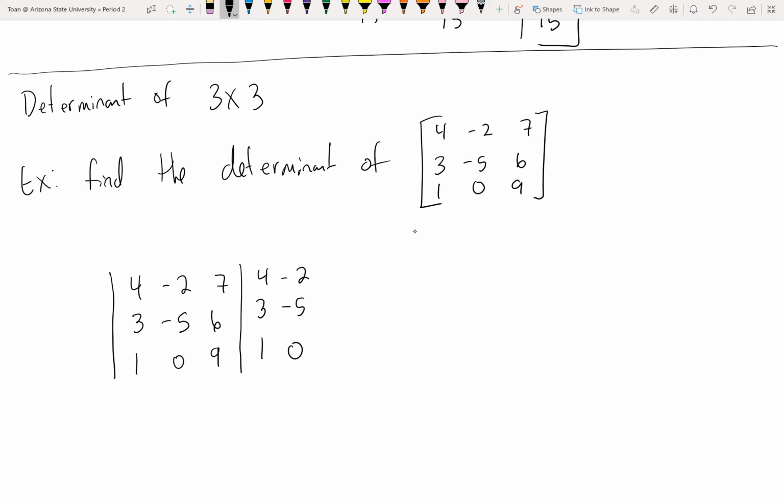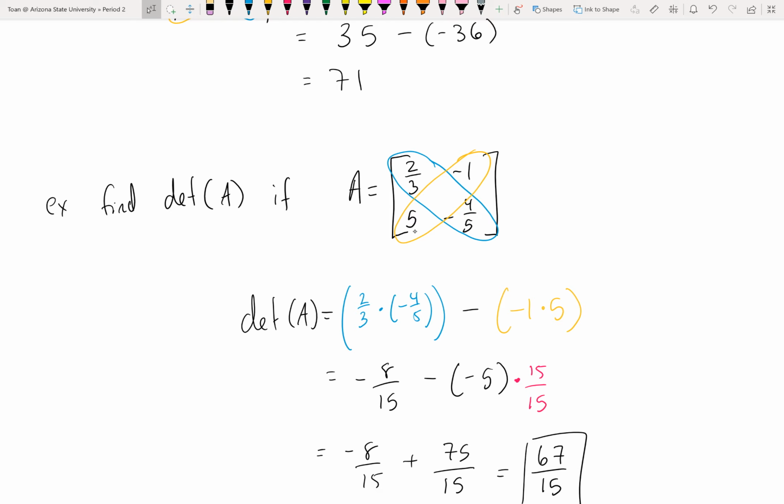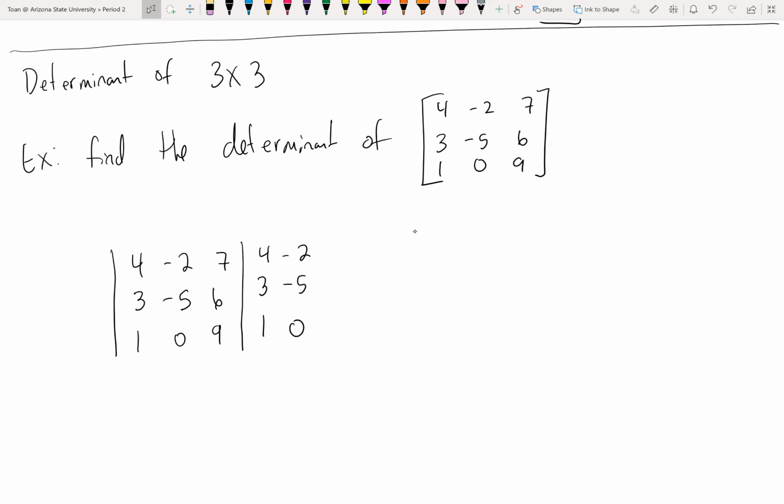Now notice with the 2 by 2, you know how it's the blue diagonal minus the yellow diagonal? We're going to do the same thing, blue minus yellow. But since it's a 3 by 3, instead of having 1 diagonal, we're going to have 3. Start at the top left corner. You have 1 diagonal, 2 diagonals, 3 diagonals.